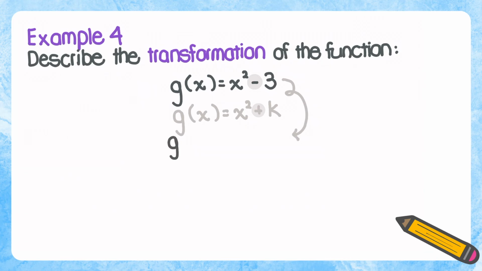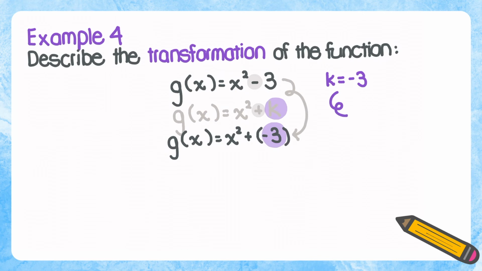So instead, we'll write g of x equals x squared plus negative 3. Now we know that k is replaced by negative 3, so k equals negative 3. And since k is negative, we will be moving down.